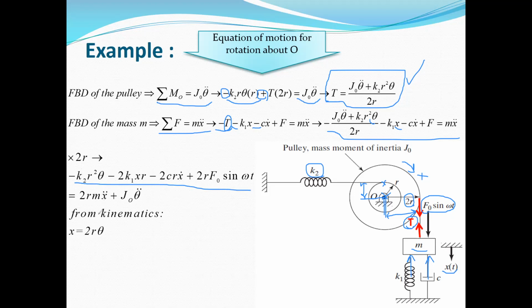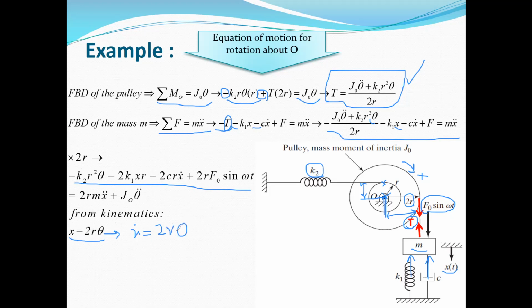So we can substitute that x is equal to 2 times r theta. And so from here, we can conclude that, for example, x dot is equal to 2r theta dot, because x is equal to 2 times r theta.